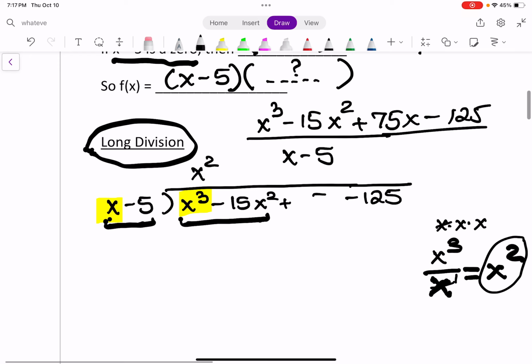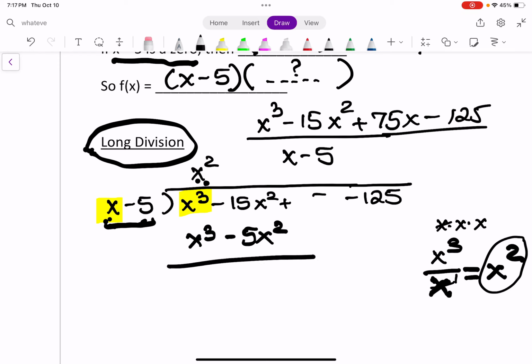So I'm multiplying it back out. X squared times x is x cubed. X squared times negative 5 is negative 5x squared. These terms better be lined up, because you can only subtract like terms, and these are like terms. Now we subtract, but be very careful.